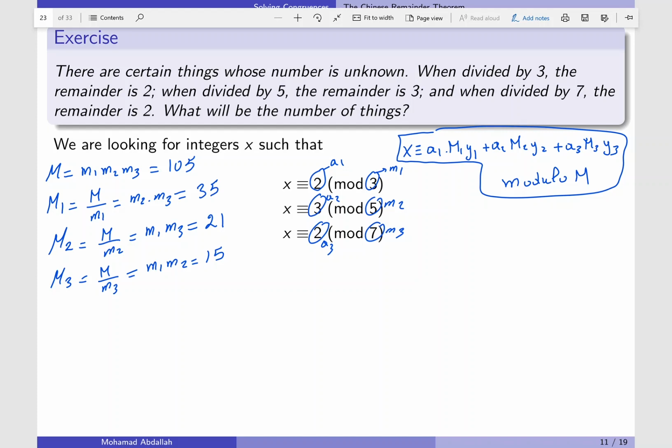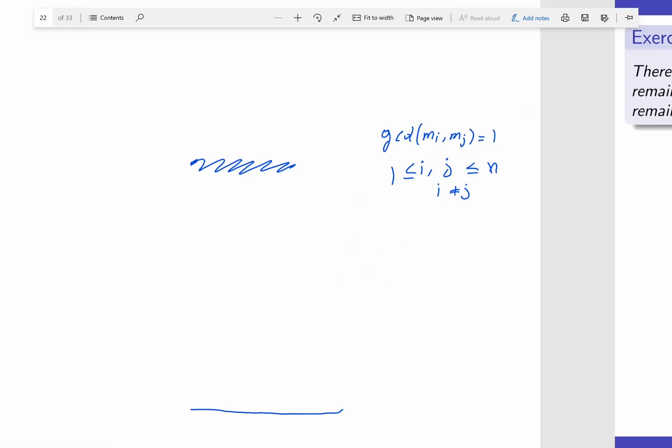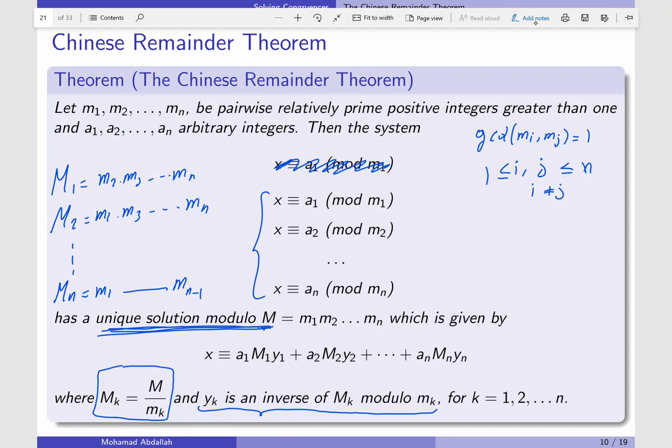That means that y1 times M1 must be congruent to 1 modulo small m1, because y1 is the inverse. So again, recall that yk is an inverse of Mk modulo mk. This means that yk, if you multiply it by big Mk, should be congruent to 1 modulo small mk.